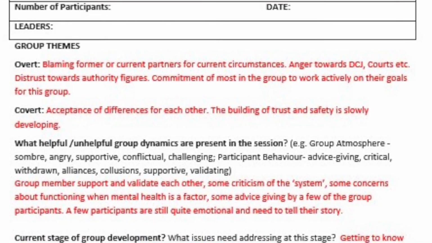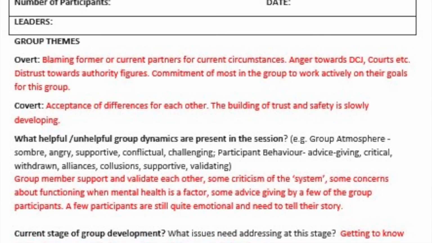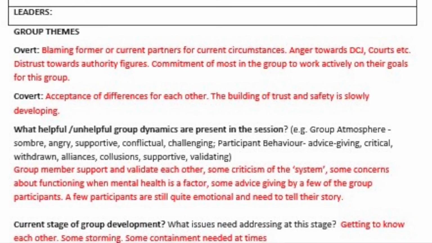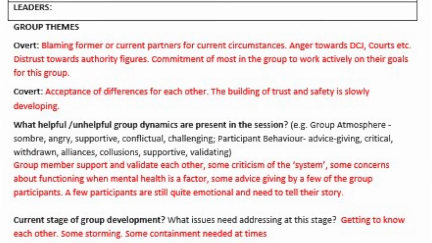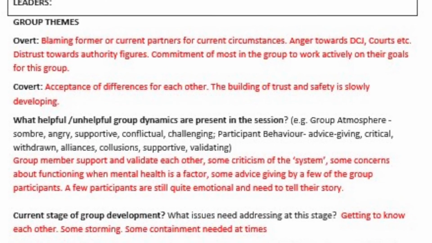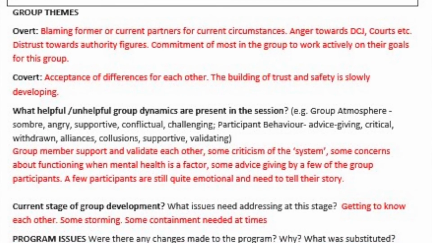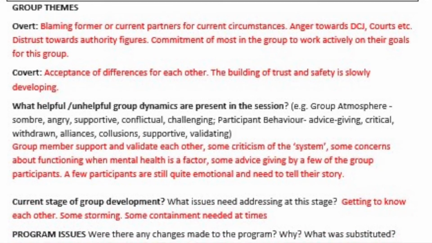Another one could be anger towards the family courts, and again that theme or that pattern is developing because of some of the discussions that have occurred throughout the night. So those examples would be very clear and present because of what you're seeing in the session.